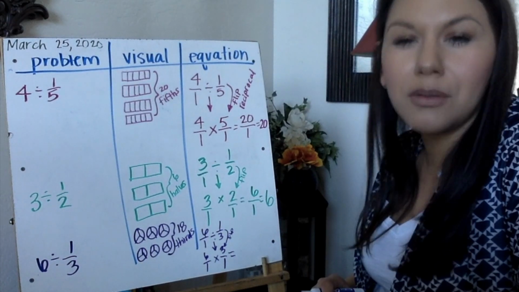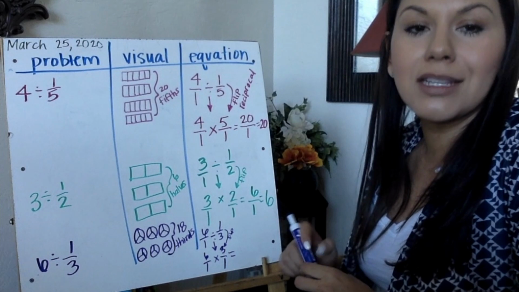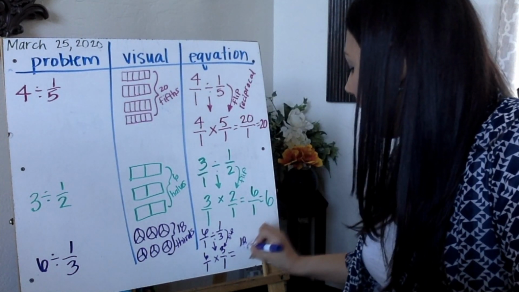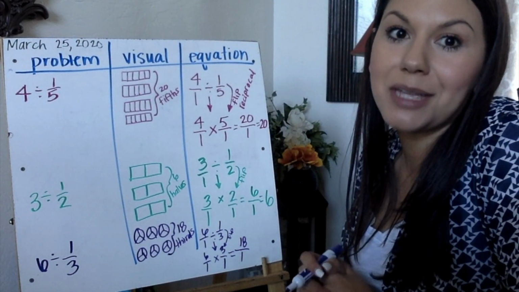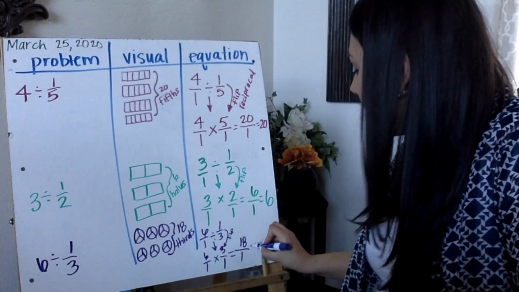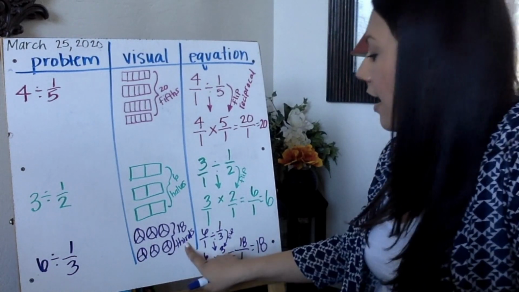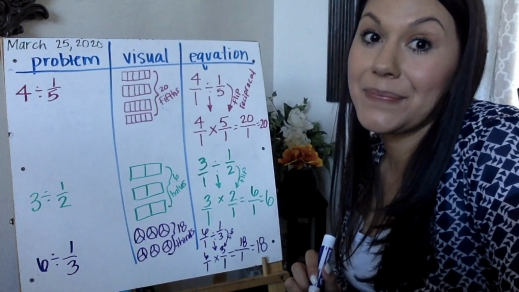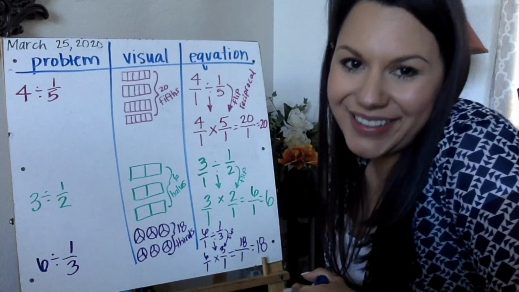Sorry, that's so tiny. Hopefully you're following along. 6 times 3 is 18. 18/1. It's an improper fraction. How many times is 1 going to 18? 18 whole lovely times. 18 thirds. There you go. There you have it. Dividing fractions with a whole number.